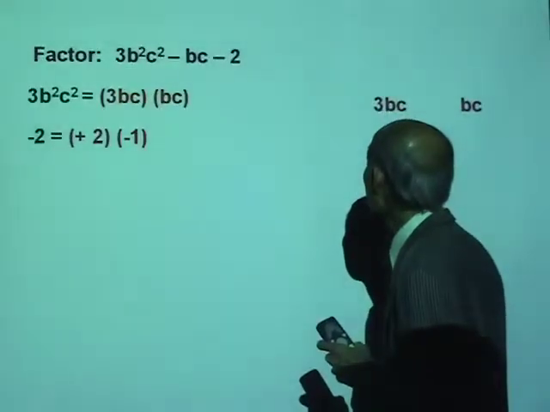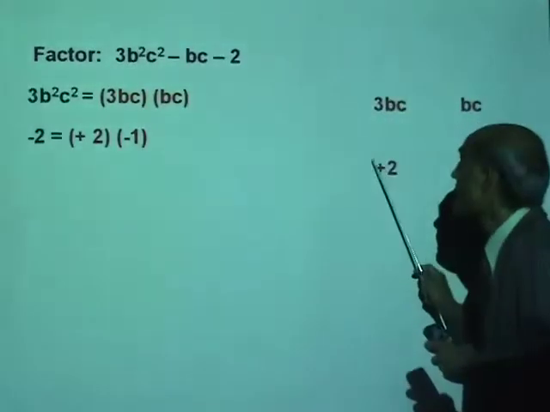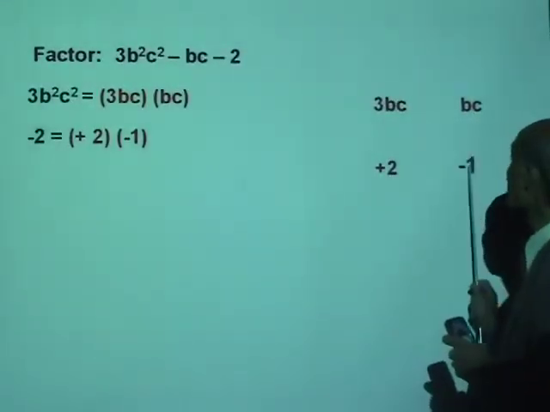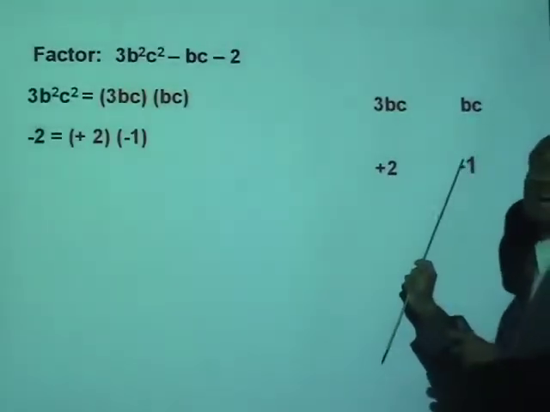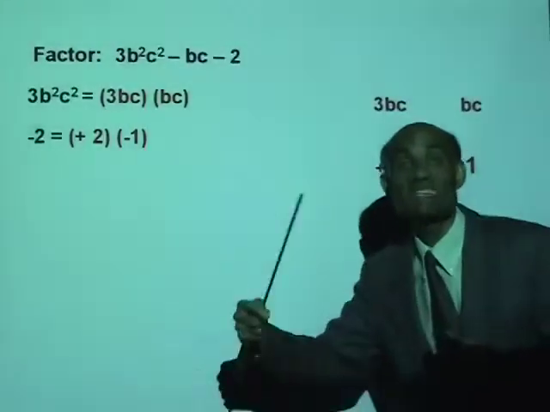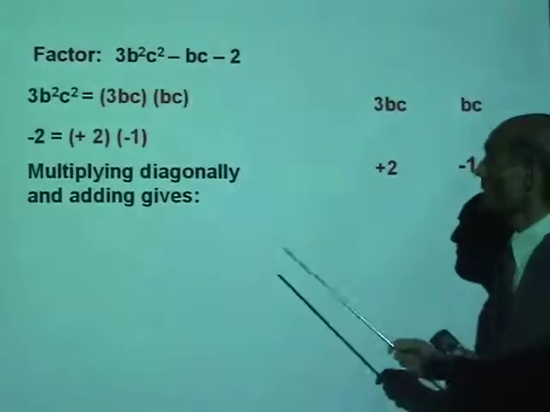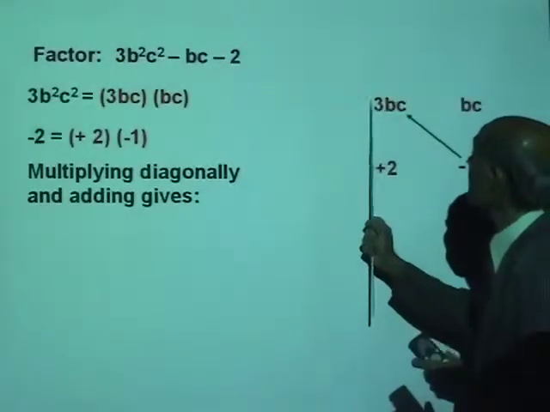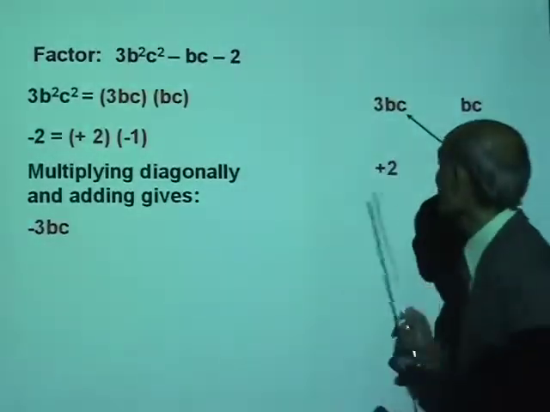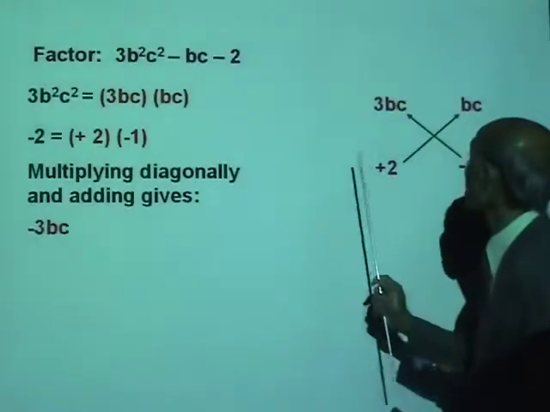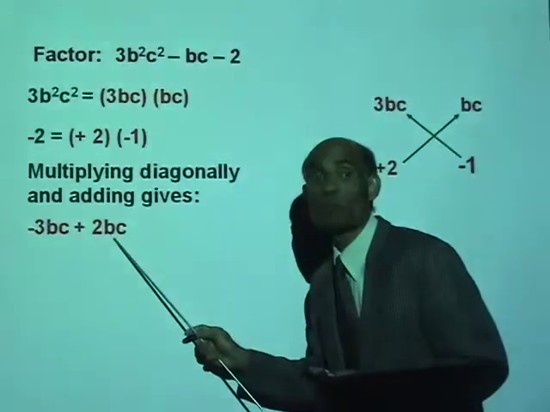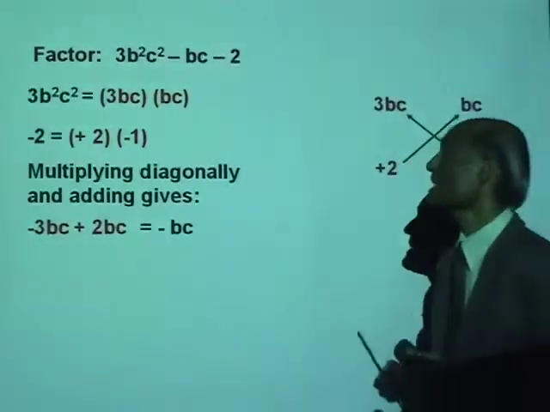I will place it below 3bc so that that positive 2 will be multiplied by bc. I will place the negative 1 below c so that that negative 1 will be multiplied by 3bc, giving me a negative 3bc. So multiplying diagonally, negative 1 times 3bc is negative 3bc, and positive 2 times bc is plus 2bc. Negative 3bc plus 2bc is negative bc.